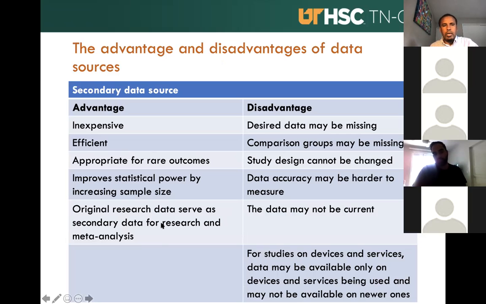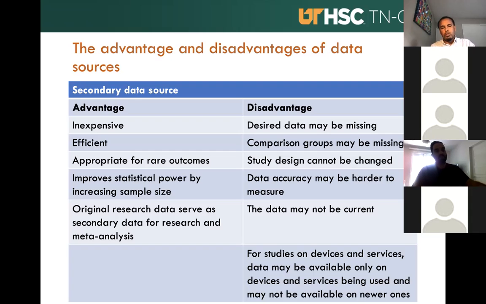So that's where the secondary data source shines. One is that it is very inexpensive. It has already been collected. It could be administrative data. It could be data collected for assessment of community health status or population health status. It's very efficient.